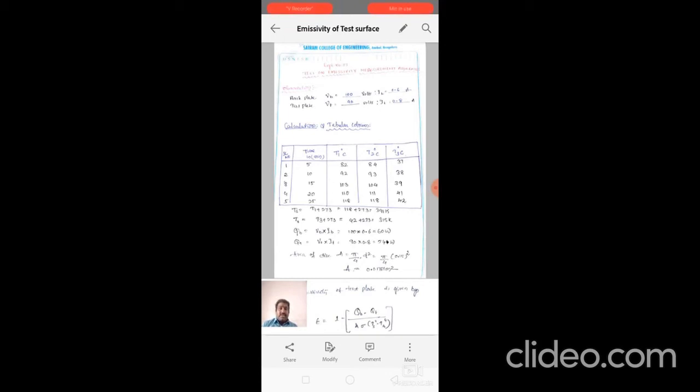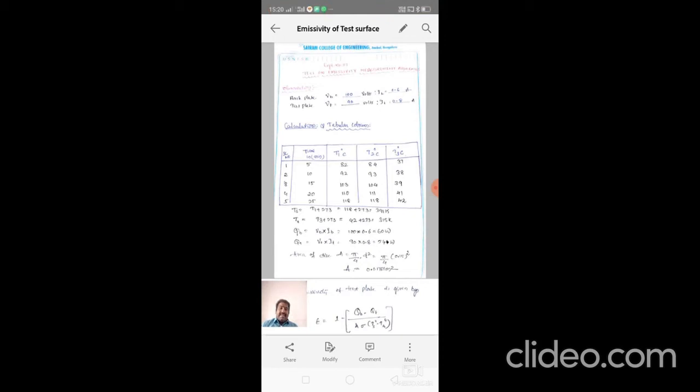Next, the heat input to the black plate, QB, is VB into IB, that is 100 into 0.6, that is 60 watts. And next one is QT, the heat input to the test surface, that is VT into IT, equal to 90 into 0.8, that is 54 watts.